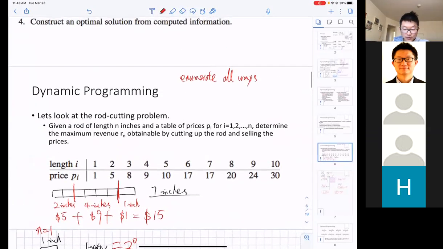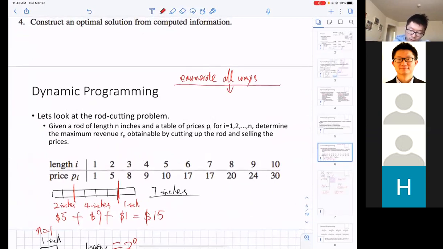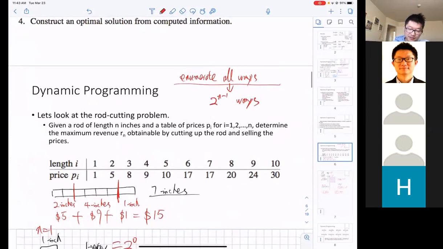Yeah. Okay, and then if we follow that way, there are in total 2 to the power of n minus 1 ways, right? Right. So if we talk about the complexity, we need to try all of these solutions and calculate their revenue.